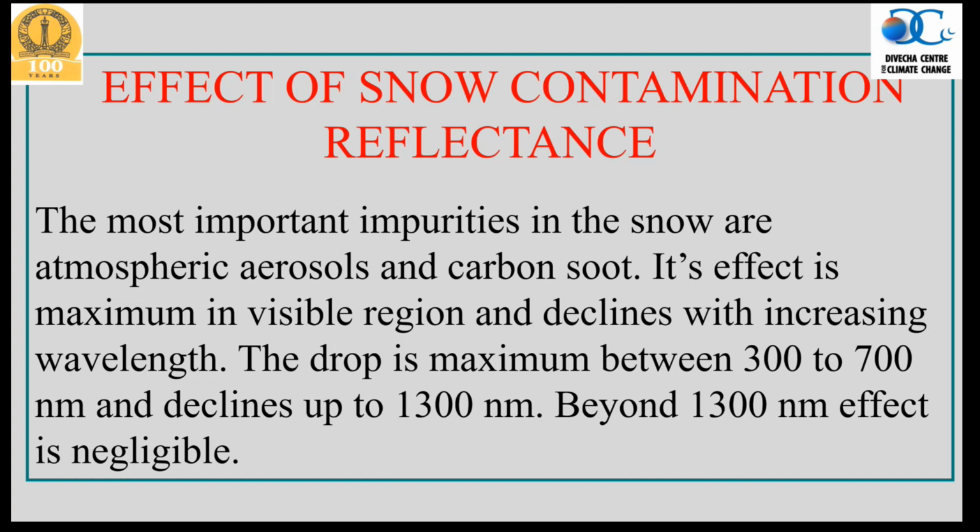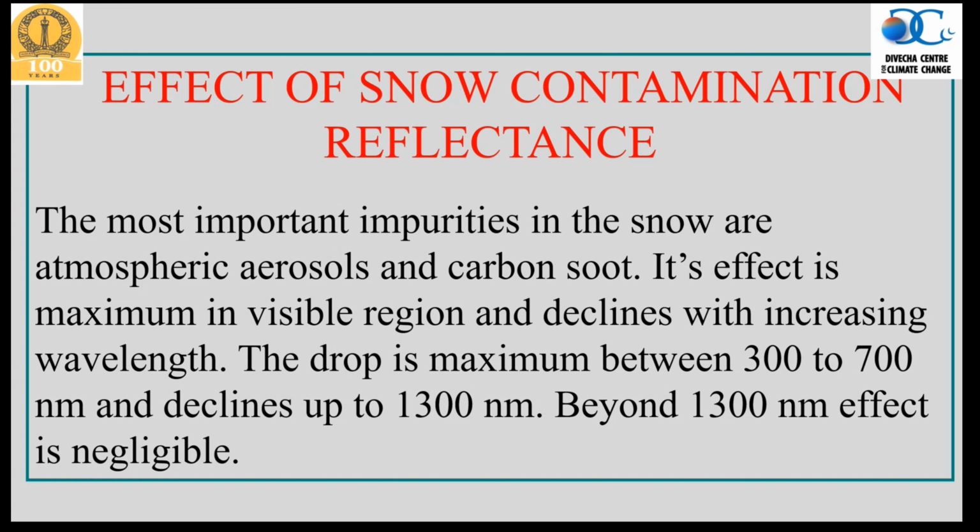There are also certain other anthropogenic activities which can create a certain amount of contaminants on the snowpack, and as snow starts melting, it works like a filtering process, and the contaminants get accumulated on the surface. So the effect is at its maximum.